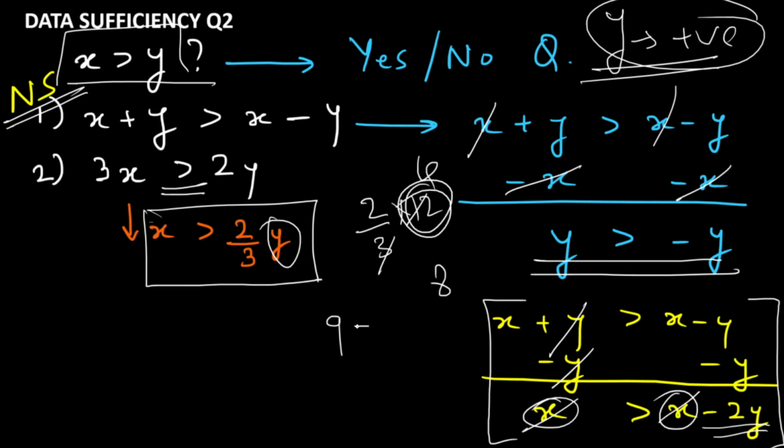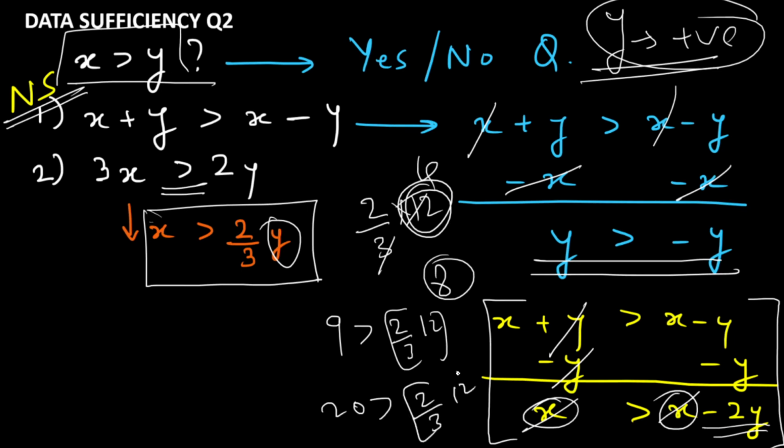So I get 9 is greater than 2 by 3 into 12, which is 8, which is what we got over here. But if I take the value of x as say 20, right? So 20 is also greater than 2 by 3 into 12, right? So, but you can see that in this case, x is not greater than y because y is 12. But in this case, x is greater than y because y is 12 and x is 20.